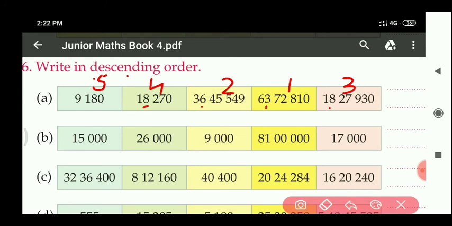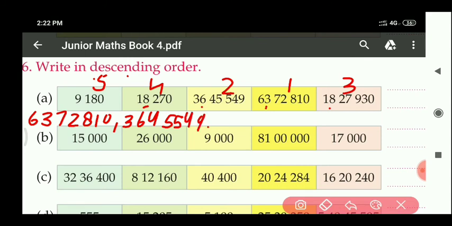Okay. Now we can write these numbers into descending order. As you can see, what is the first one coming? 63 lakh 72,810. Okay, put a comma here. Second, 36 lakh 45,549.